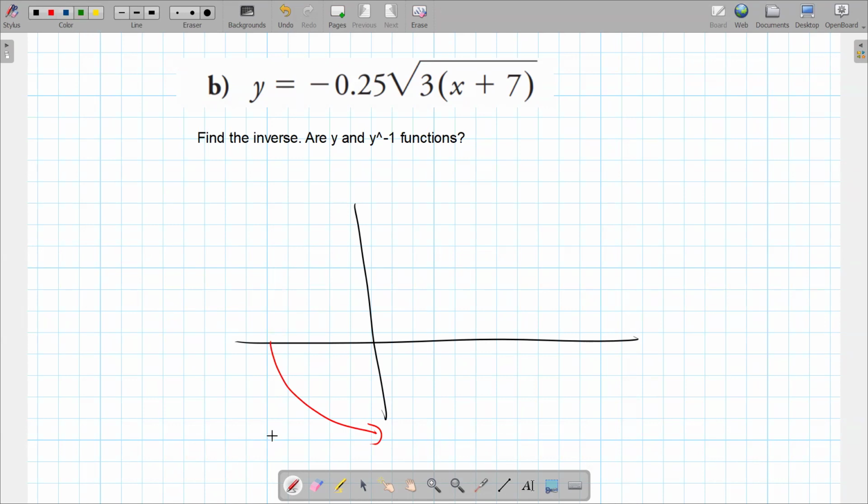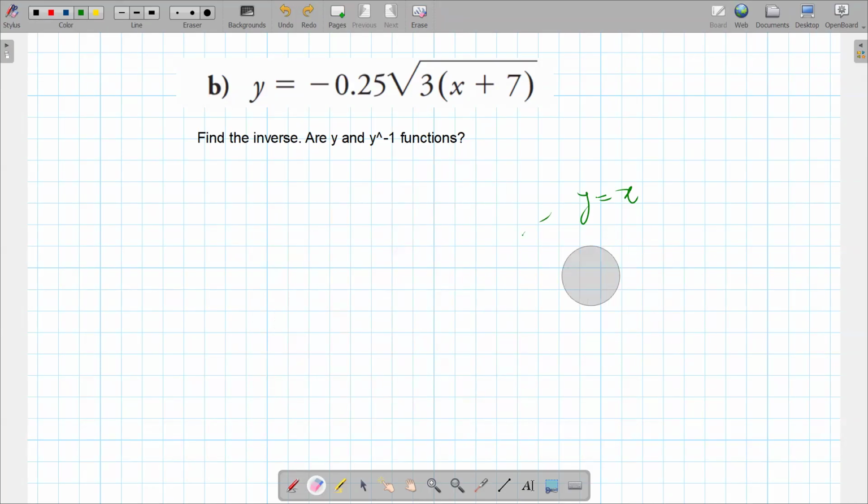It's a reflection on the y equals x axis. So it'll probably end up looking like this. I guess we'll see. I cheated a bit because I know quadratic is the inverse of a root function. And it's logical because when you square a root, you get linear.